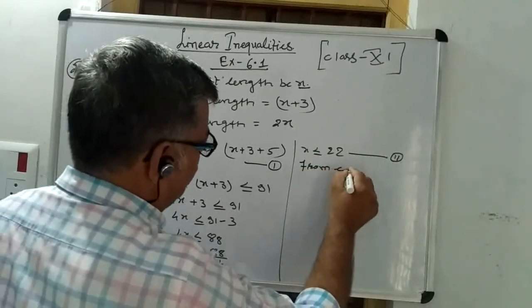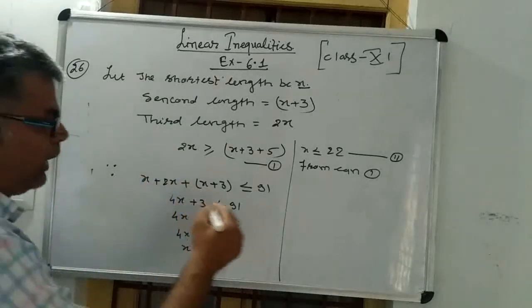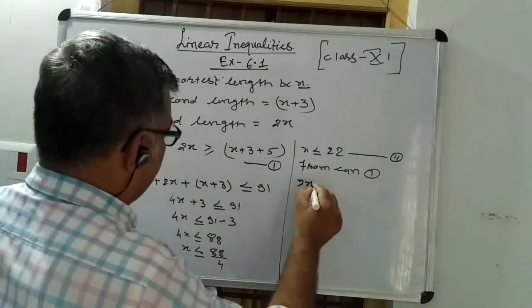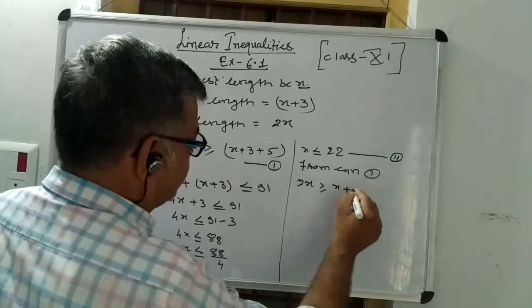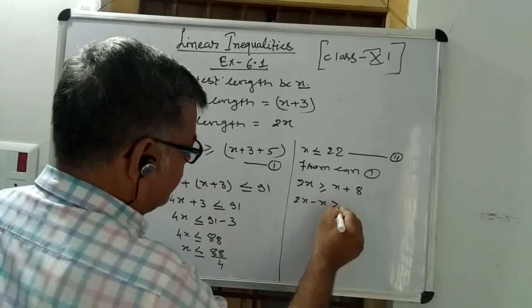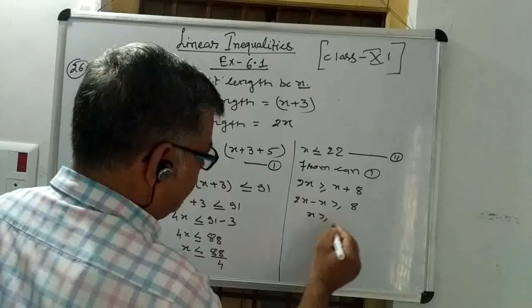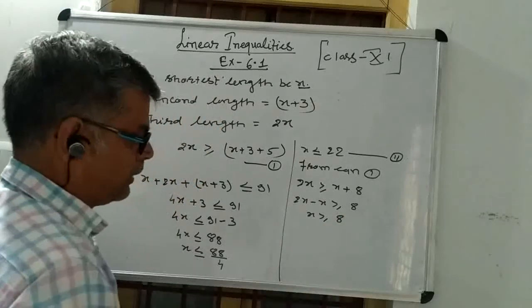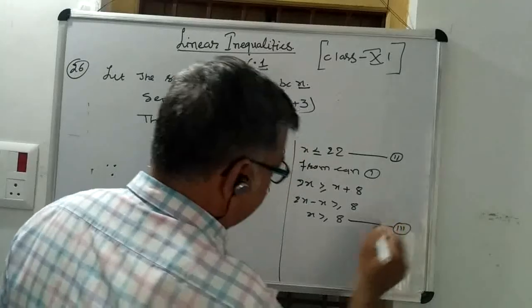From equation 1 you will get the minimum value of x. 2x is greater than or equal to x plus 8. So 2x minus x is greater than or equal to 8. So x is greater than or equal to 8. This is equation 3.